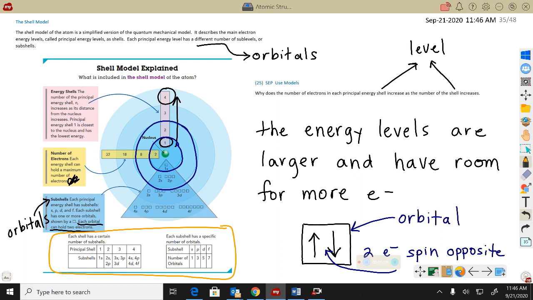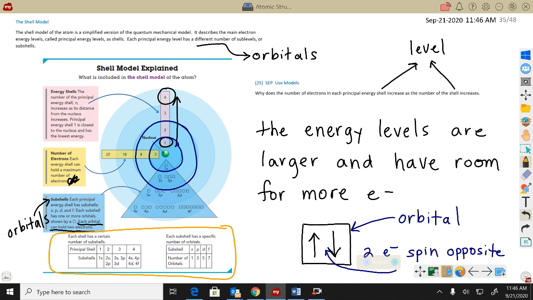The fourth energy level has the s's, p's, d's, and f's. Oh my gosh. And then they're showing us how many orbitals there are for each of those different subshells. Anytime you have an s orbital, there will only be one. Anytime you have a p orbital, there will only be 3. There will be 5 d's, and there'll be 7 f's.